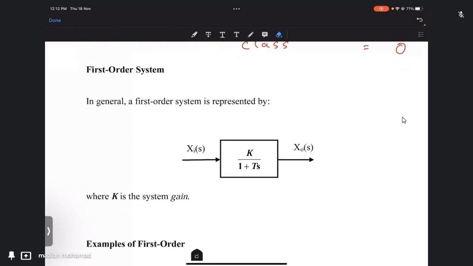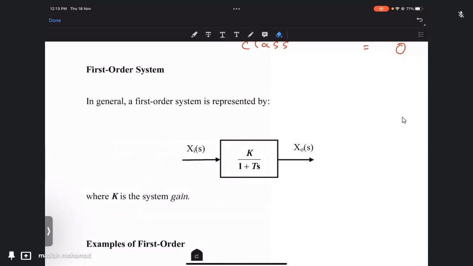All right. So let's talk about first order system. Okay. So we have done classification, right? So I think I already mentioned that the most common classification that we use is based on order. Okay, so by knowing the order of the system, we will be able to predict the behavior of the system.